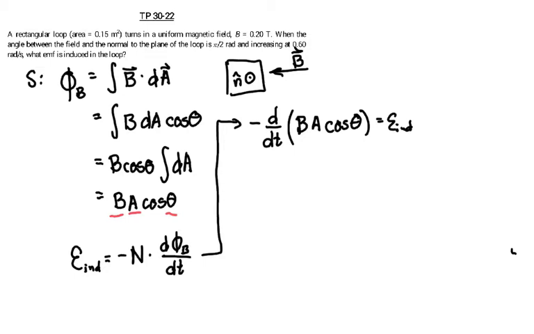Alright, so how many variables do we have inside of our derivative? We have three variables, so we could potentially have three different terms when we do our chain rule.